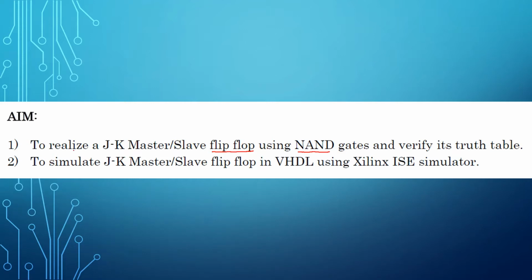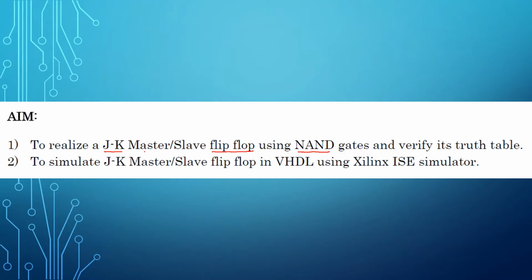Later we need to understand what this JK flip-flop is. We have got different kinds of flip-flops: SR flip-flop, D flip-flop, T flip-flop and JK flip-flop. This JK flip-flop is actually the advanced version of the SR flip-flop.